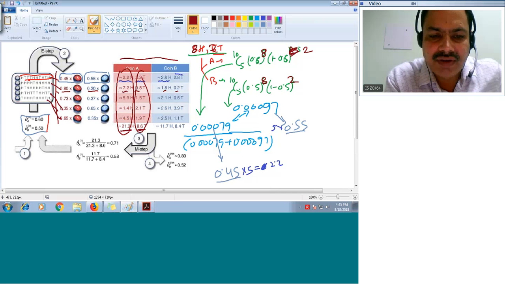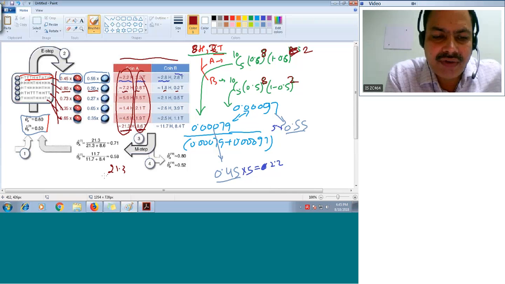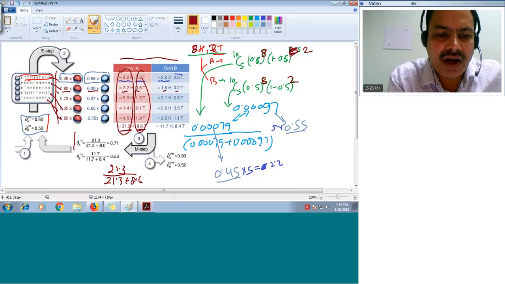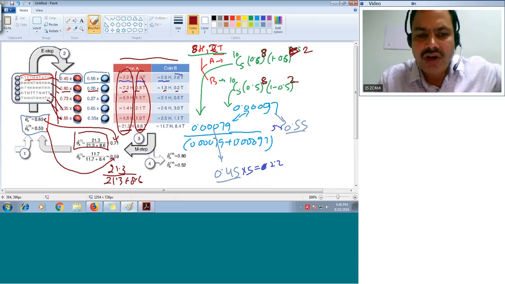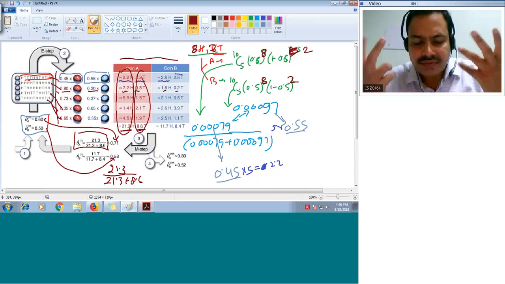You can utilize these values to find the probability of getting heads: 21.3 divided by 21.3 plus 8.6. This is the same formula. Initially it was 0.6, now our probabilities are 0.71 and 0.61. So now the probability has changed.